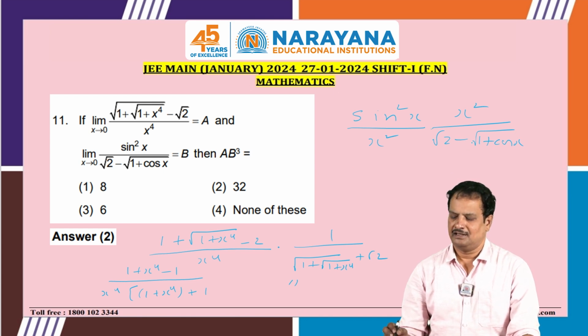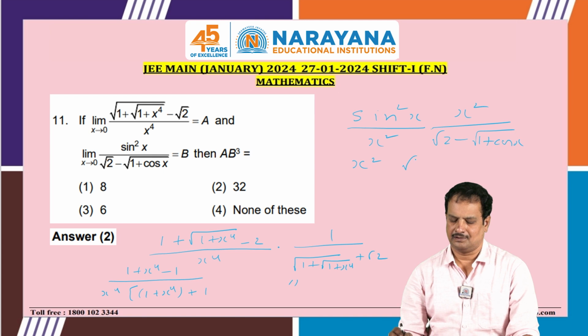What I mean is, if you rationalize this one, you can find out the limit value for this, because this is already 1. So there we are going to have x square into root 2 plus root over 1 plus cos x, and you are now going to have 2 minus of 1 plus cos x.